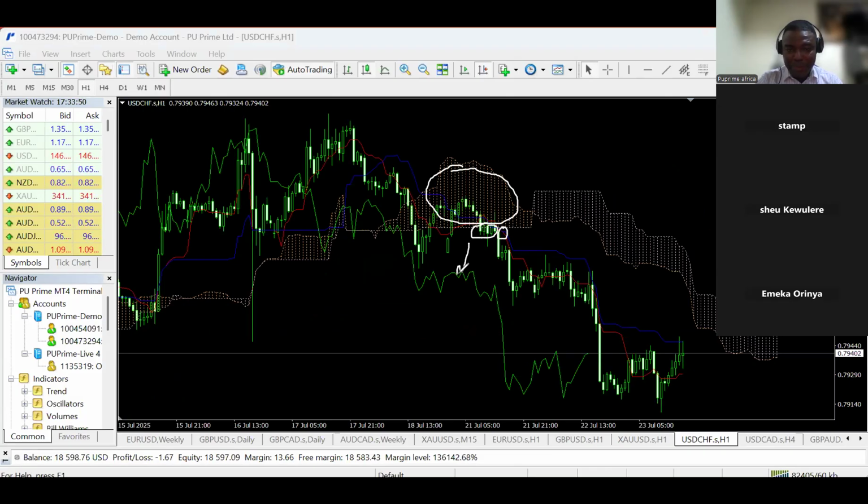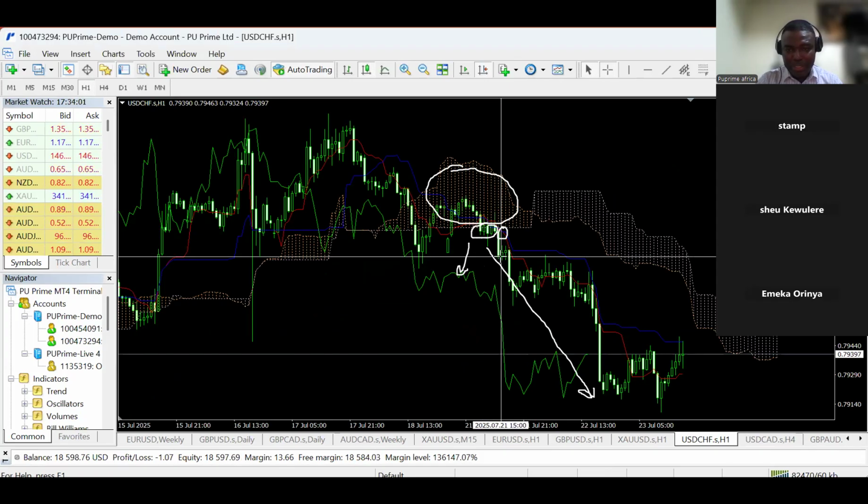Price is far from the lagging span, and there has been a massive bearish movement on the USD CHF. So far, the USD CHF has generated about 80 pips between Monday afternoon and now using this indicator. All right, I'll check the last one now, then we'll take questions.